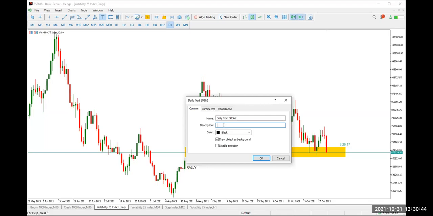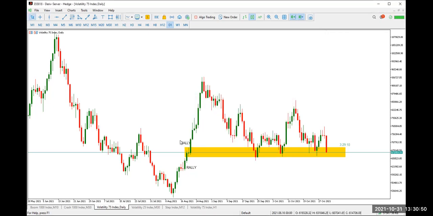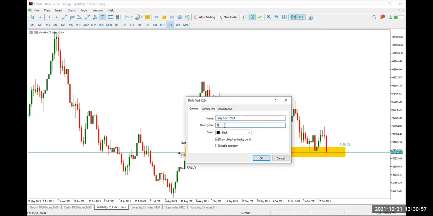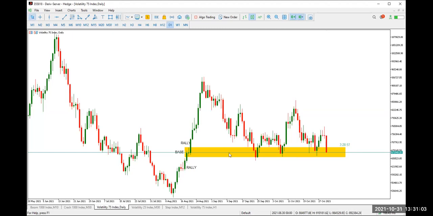Then you follow the market to the other side. So we have another rally again. See this candle here. That's another rally. And we have a base candle here. This center one is the base. So that is the base in the market. So as you can see, the market has been respecting this place here, and the market has never closed above this base candle, this demand zone.